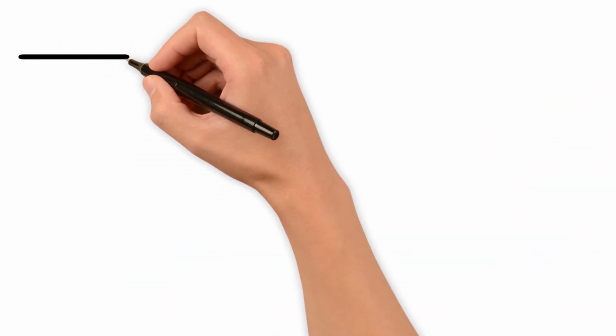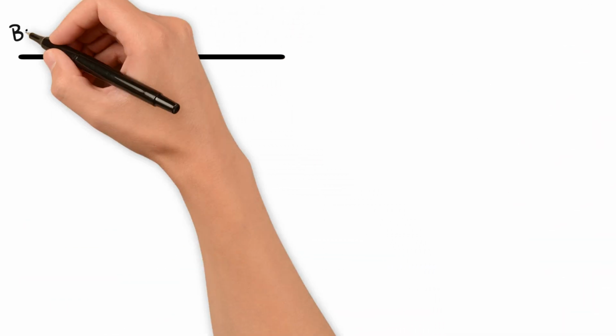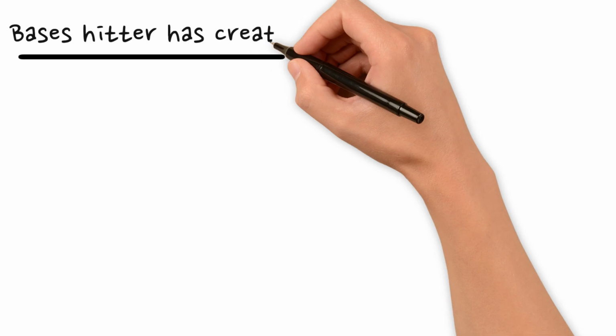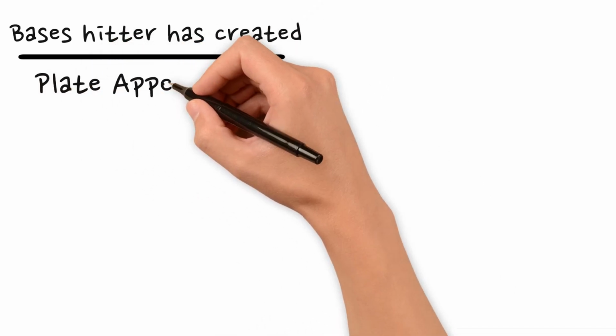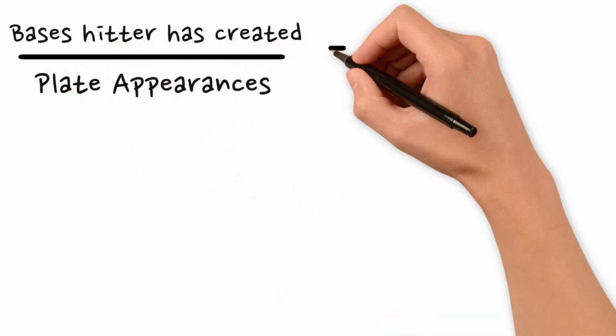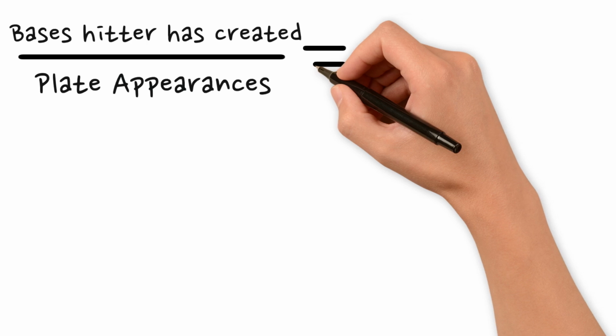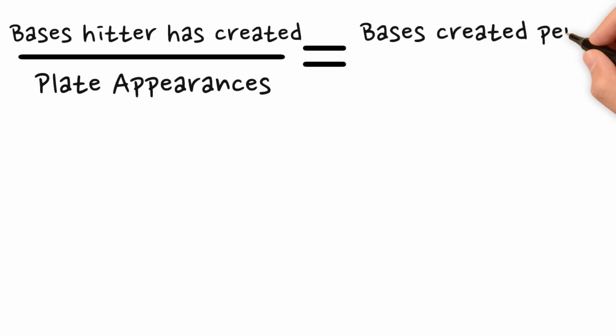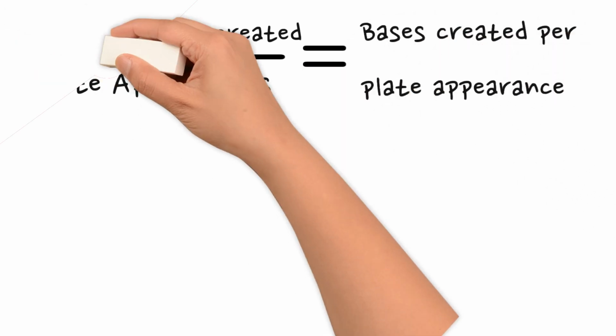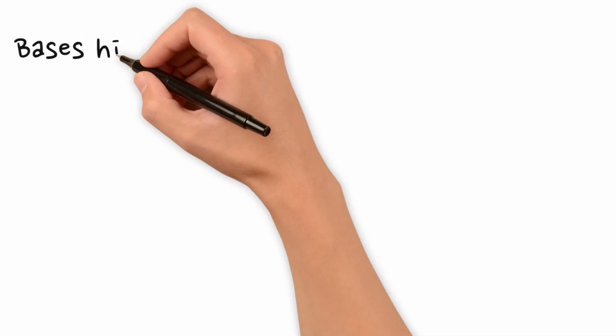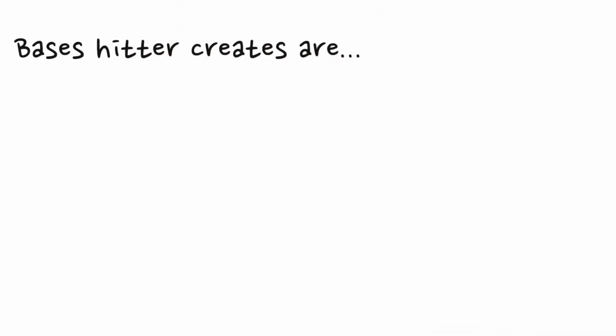Now for the slightly more complex part of this, the numerator. This is going to be the number of bases that a hitter creates. That way when we divide the number of bases created by the number of plate appearances, we find out how many bases a hitter creates each time he walks up to the plate. So for this, we're going to start with the standard part of the calculation, which is basically the same way that slugging percentage works.